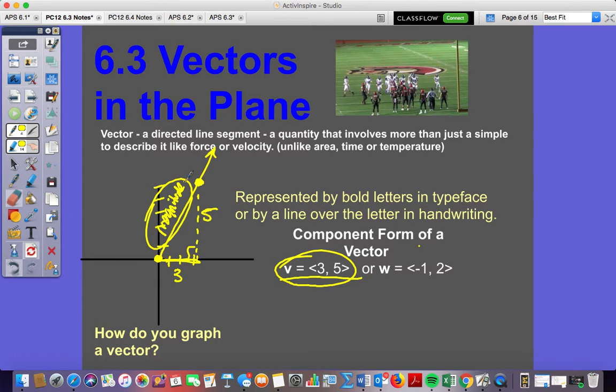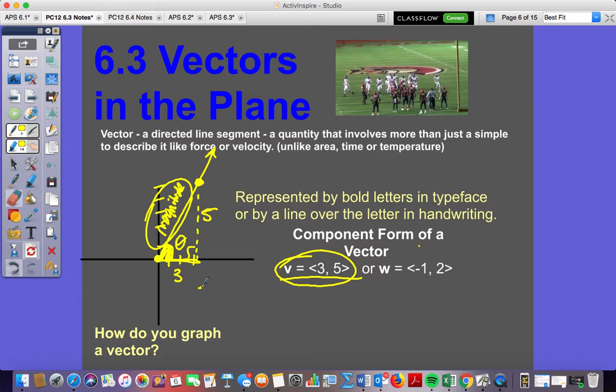Direction angle would be theta. How do I find what theta is? Graham? SOHCAHTOA. Specifically, sine, cosine, or tangent here? Tangent, yeah, tan inverse, right? Tan inverse.